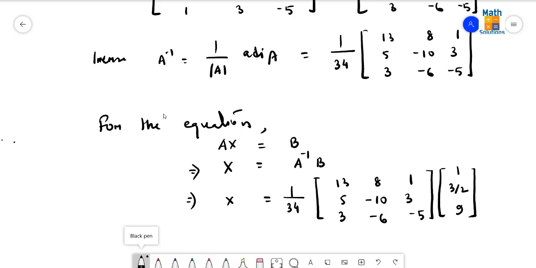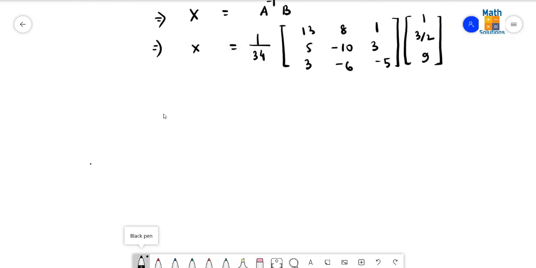So let us find out the product. So I get here X is equal to 1 by 34. Let us multiply. This is of order 3 by 3, this is of order 3 by 1. So the resulting matrix should be of order 3 by 1. 3 rows should be there, 1 column will be there.